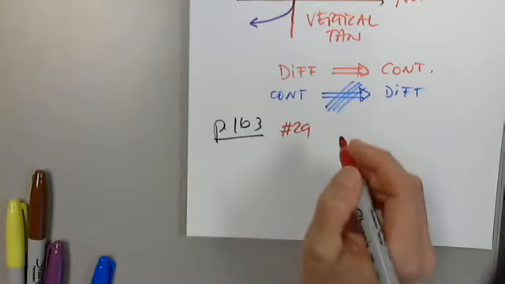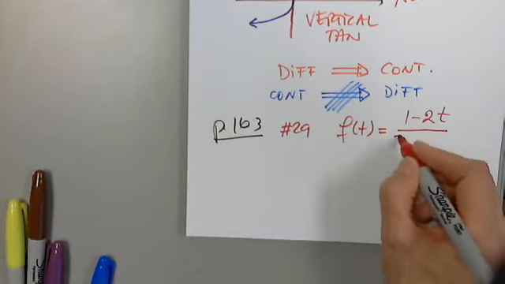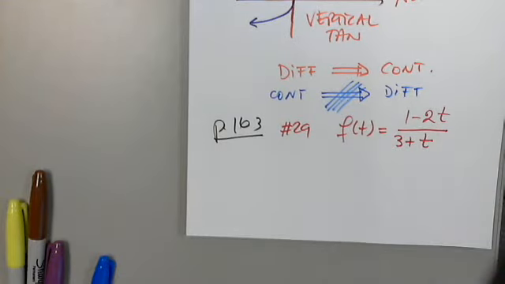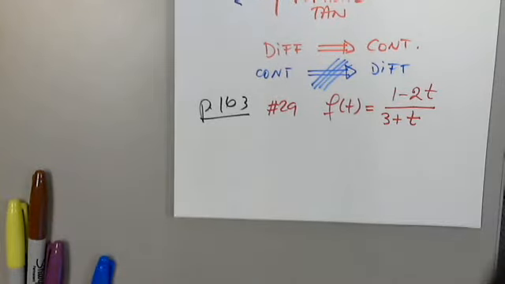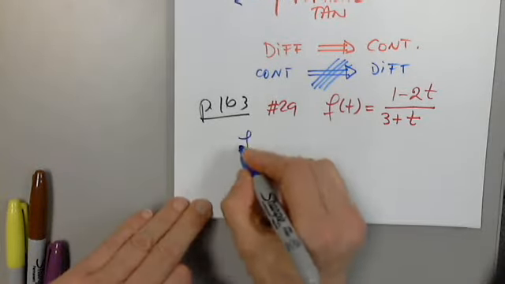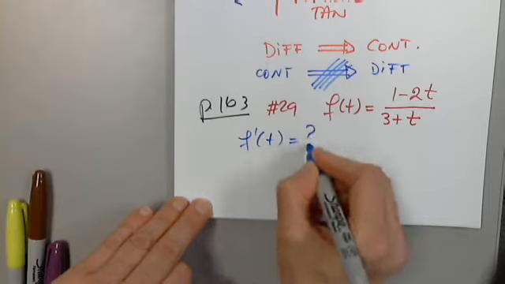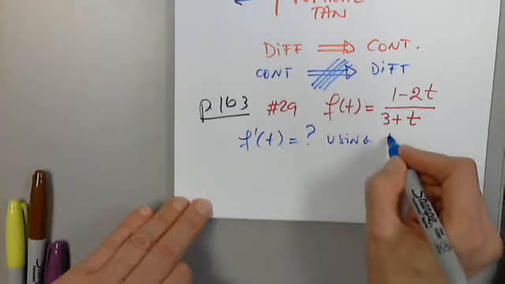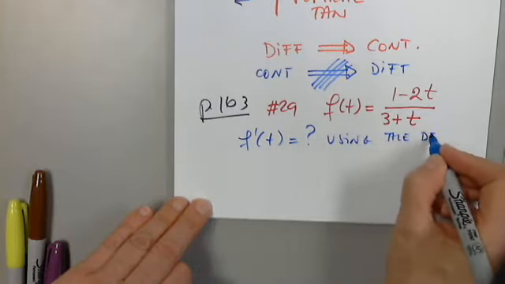They say g of t, I'm going to call it f of t, doesn't matter: 1 minus 2t divided by 3 plus t. We are asked to find f prime of t using the definition.